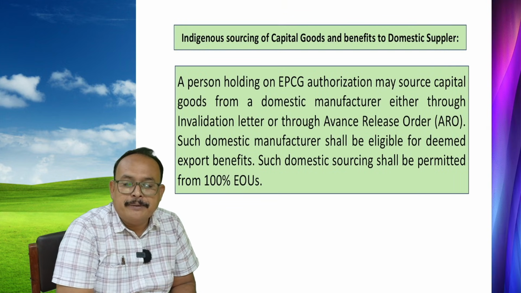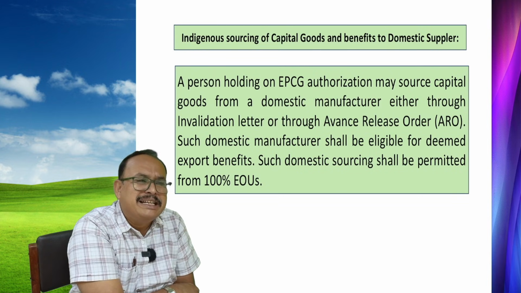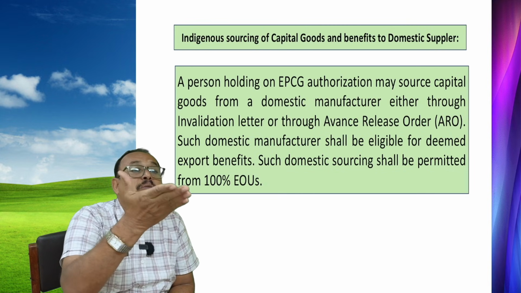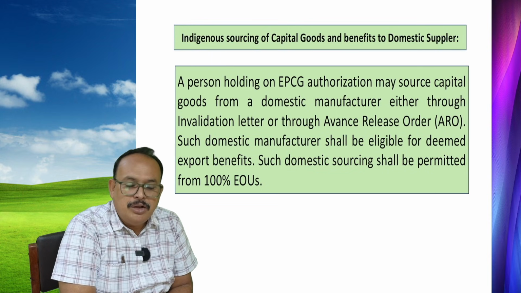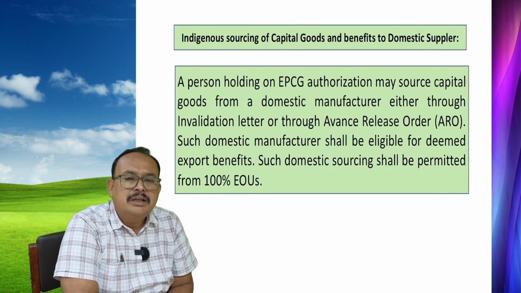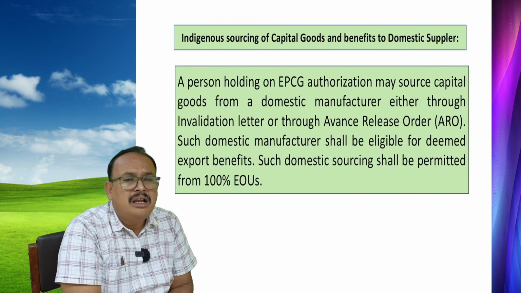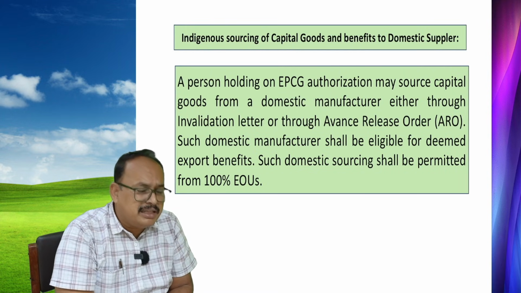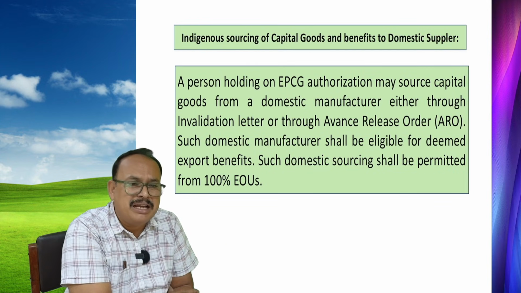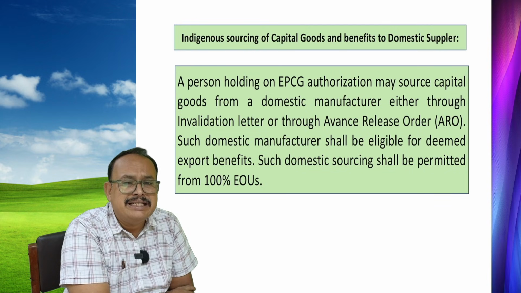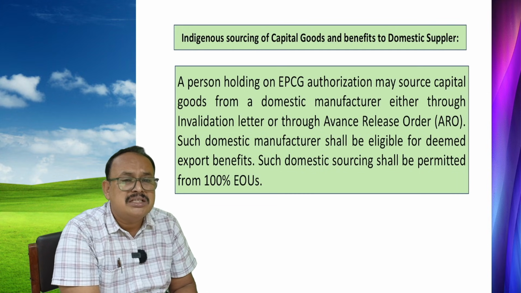Now, am I permitted to buy the capital goods indigenously, locally? Yes, yes. If you are buying locally, you feel very happy. Allowed to buy. Further, a person holding an EPCG scheme authorization may source capital goods from a domestic manufacturer either through an indigenous invalidation letter or through an advance release order.